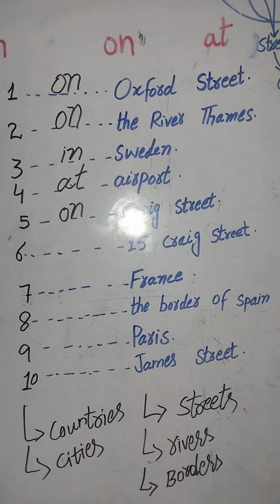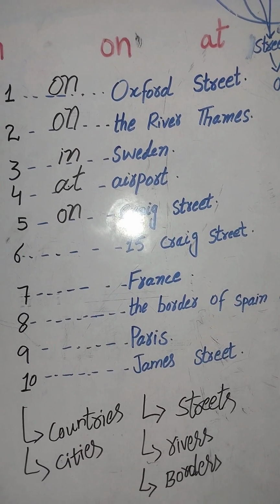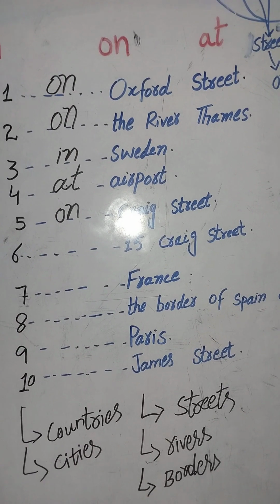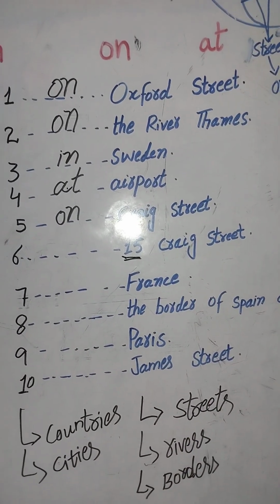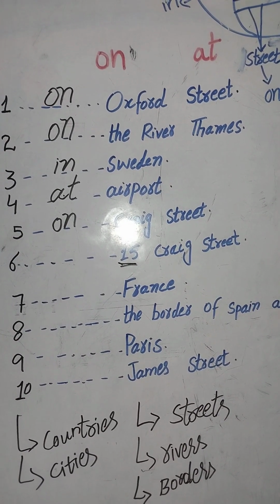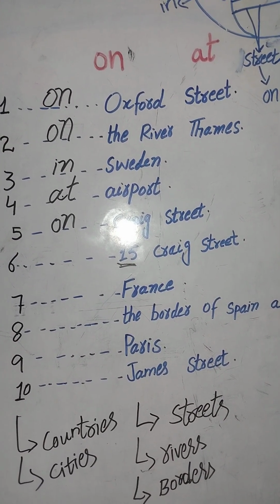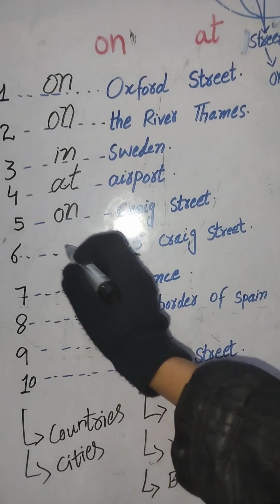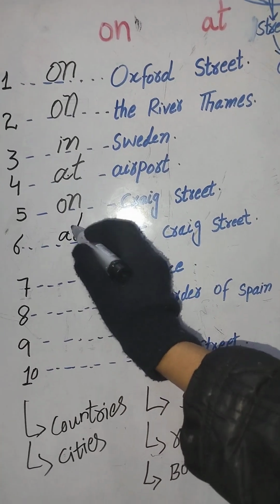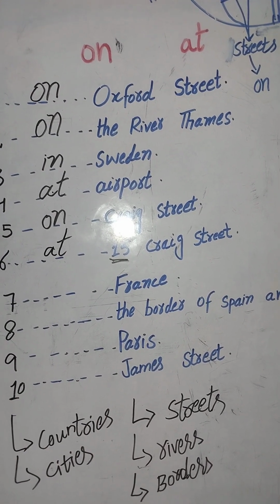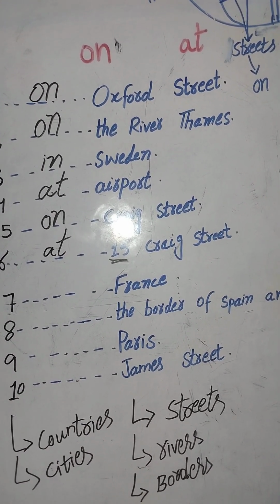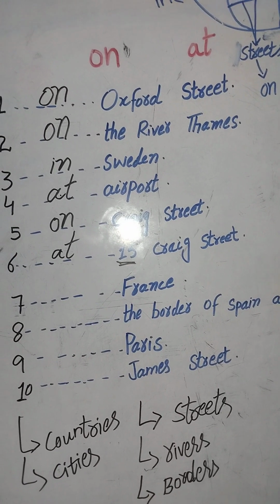You have the name of the building here, maybe it is somewhere here, 15. So what do we use for specific places and buildings? We use at 15 Craig Street.